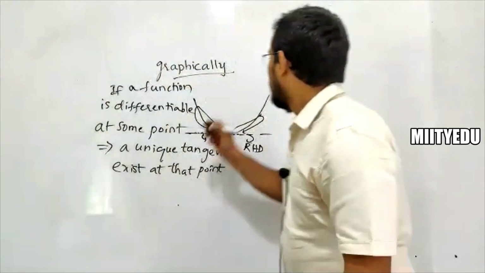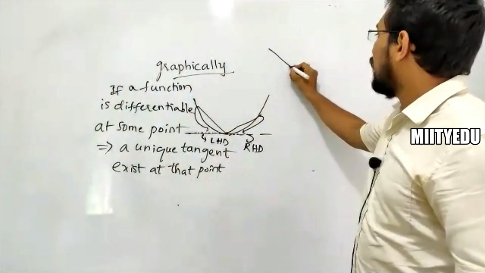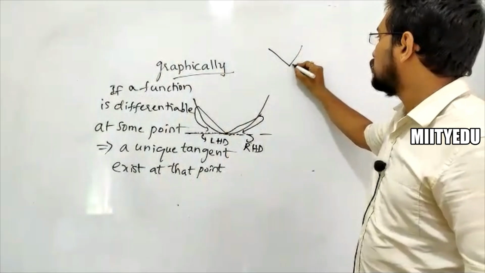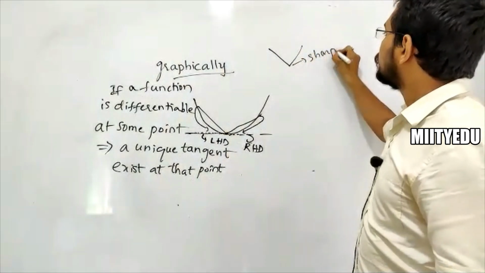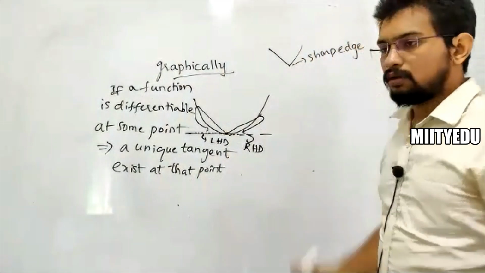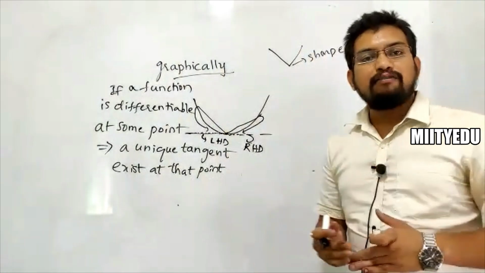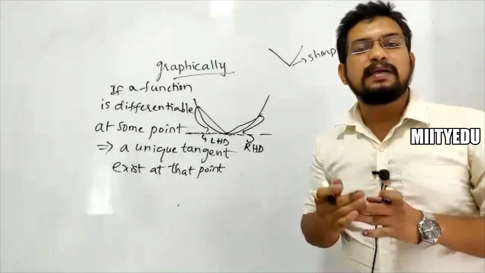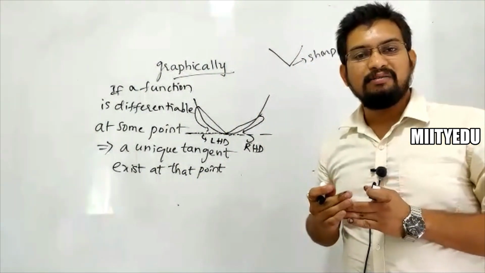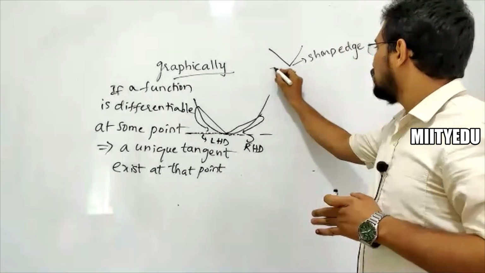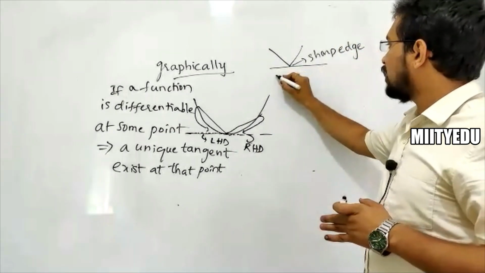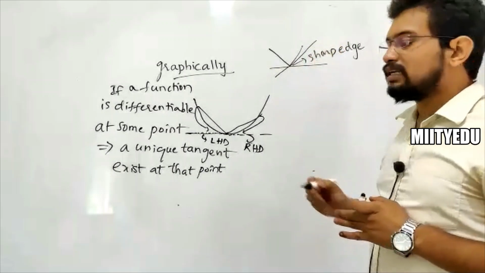Now let's say I'll take an edge. Okay, graph లో I got a sharp edge like this. Let's say in a graph of a function, I got a sharp edge which is present something like this. What happens? At this sharp edge, I can draw this line as a tangent.